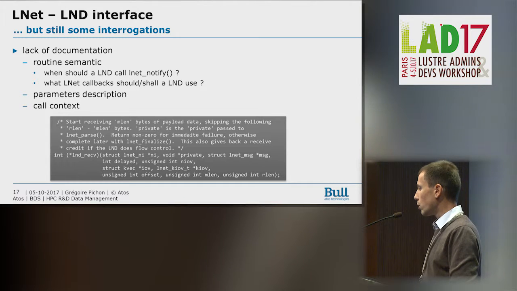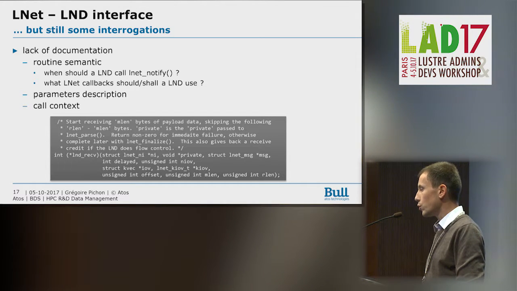For example, what exactly is the list of services that LND should call to support callbacks to LNet? Some of the parameter descriptions in the inline comments are not really explicit. I would like to mention, for example, the delayed parameter of the LND receive service.